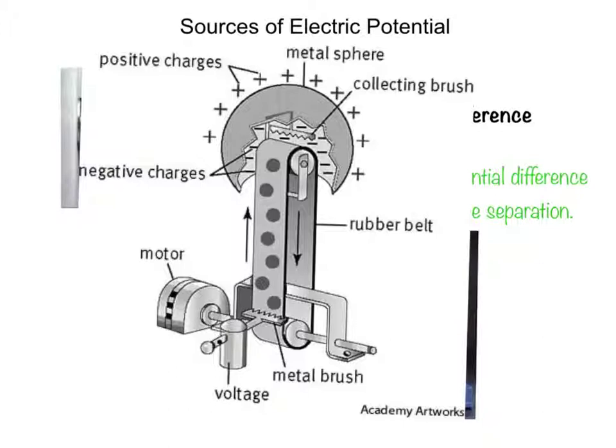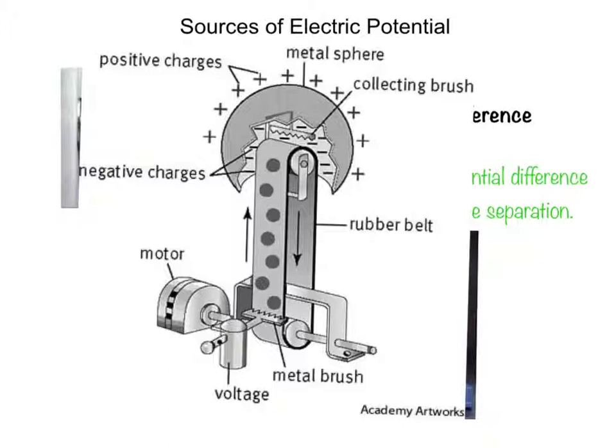The belt is charged by a positively charged sharp needle that ionizes the air around it. Positive charges in the air are pushed away from the needle and onto the belt. Charge is mechanically transported from the negative side to the positive side. This charge separation creates and then sustains a potential difference between the spherical electrode and its surroundings.